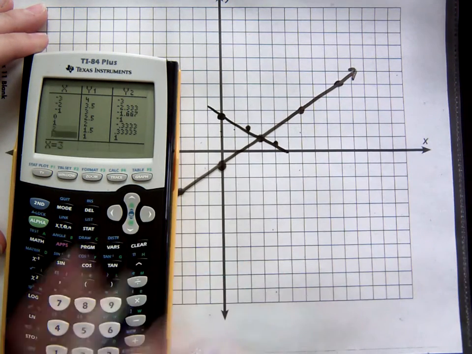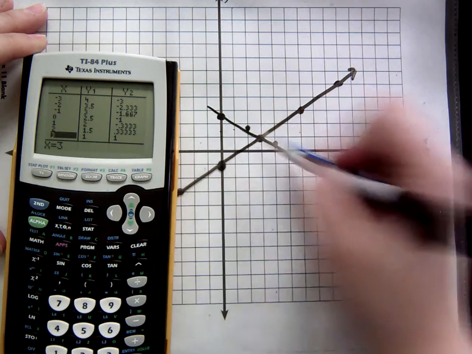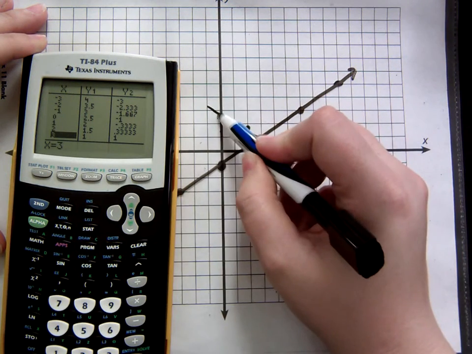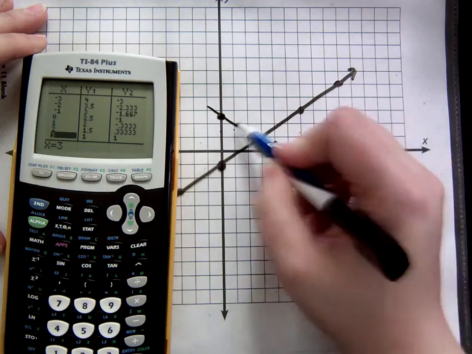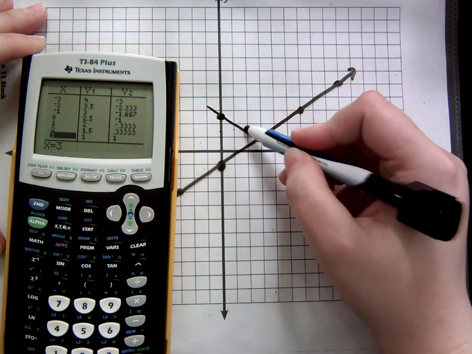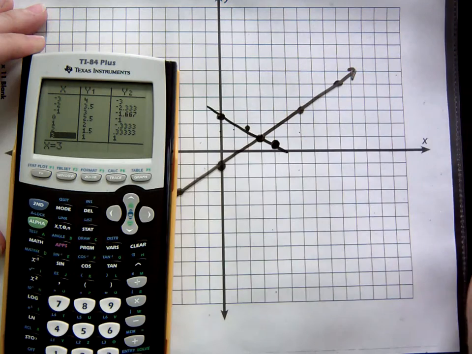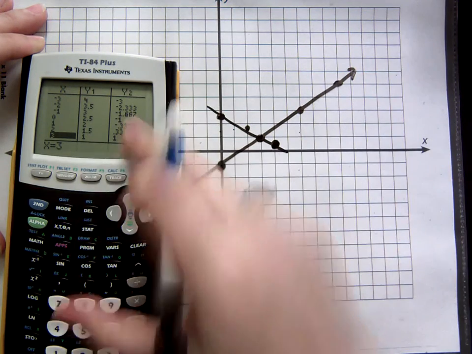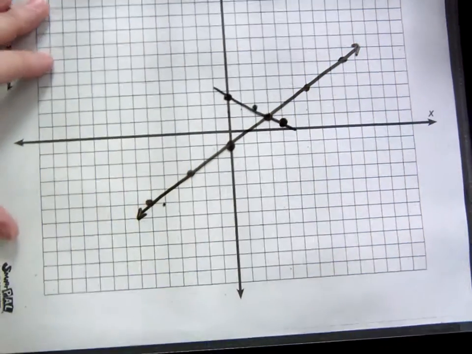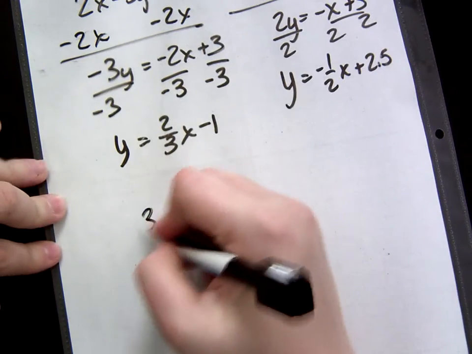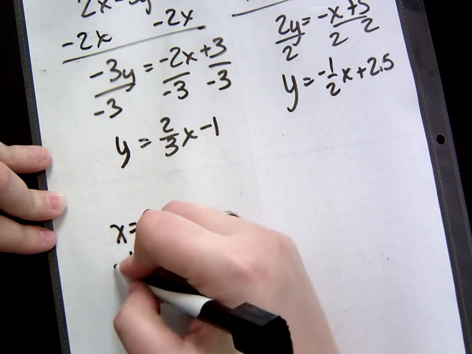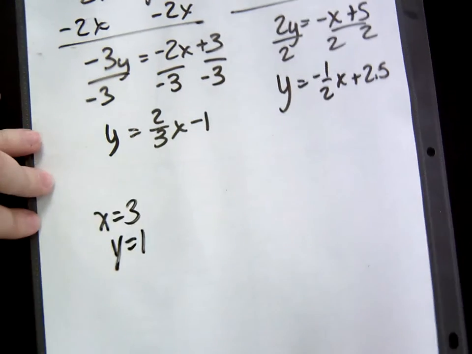Oh, and it is. So even though it was halfway, it still did match up. But if it ever does something like this where your point doesn't exactly match up and you're not sure, double check it. Another way you can check your answer is by plugging 3 in for x and 1 in for y and see if it matches up.